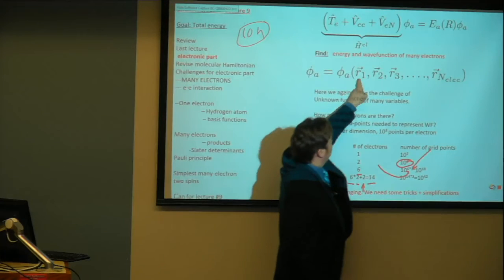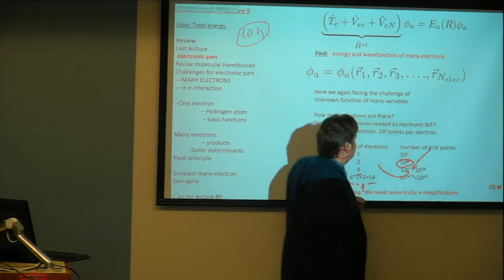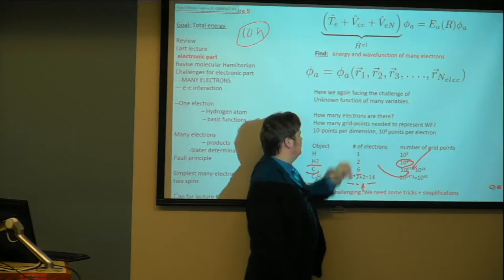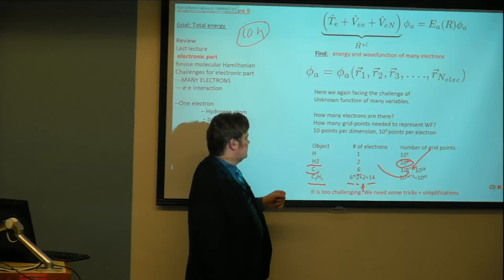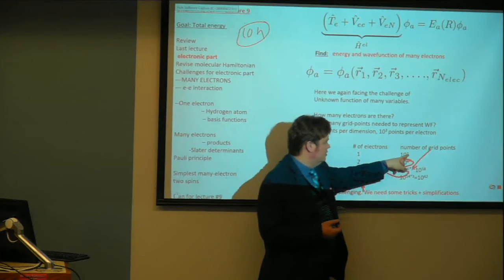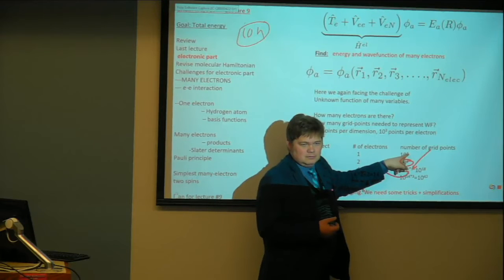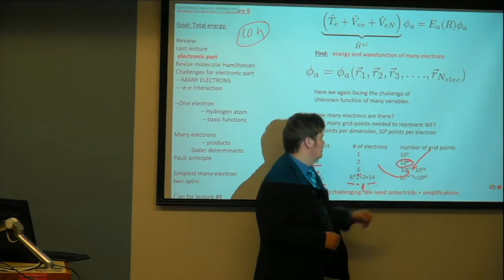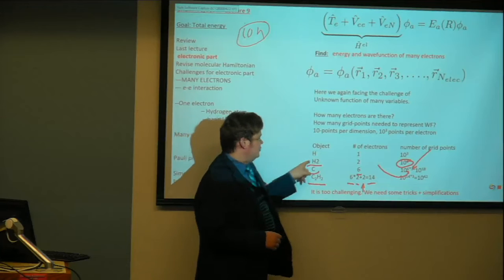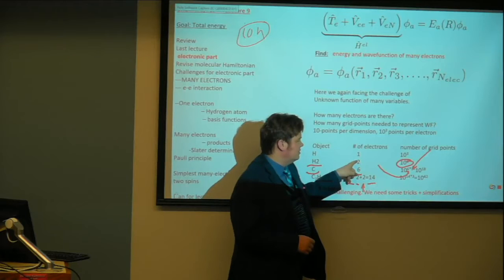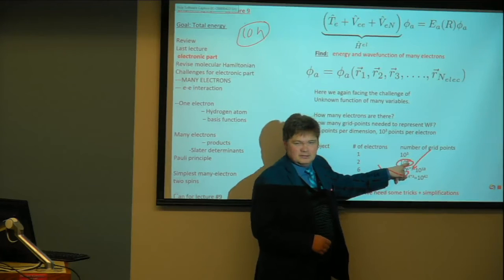If you have a wave function that depends on several electrons, each electron has 3 degrees of freedom, and if one degree of freedom includes only 10 grid points, then a hydrogen atom will need just 1,000 numbers. If I do not know how to solve the Schrödinger equation, but I know how to run codes, I can represent solutions numerically. If you have a hydrogen molecule with 2 electrons and 3 degrees of freedom per electron, then it will be a million grid points.